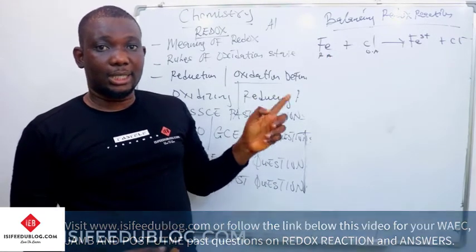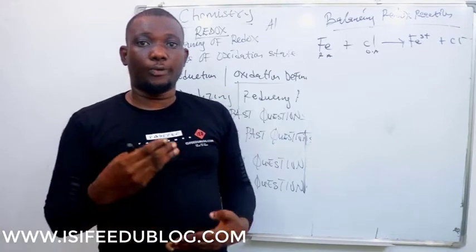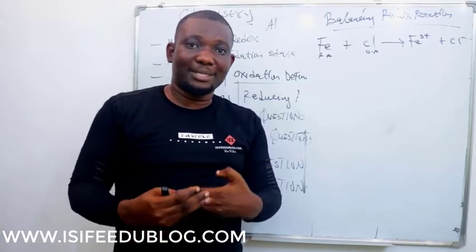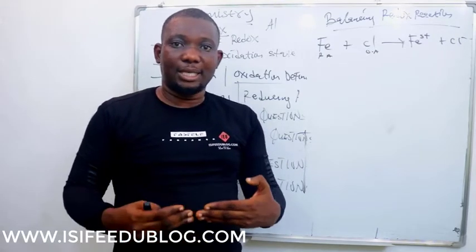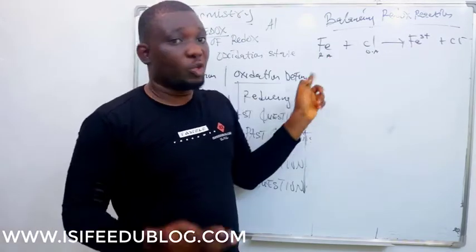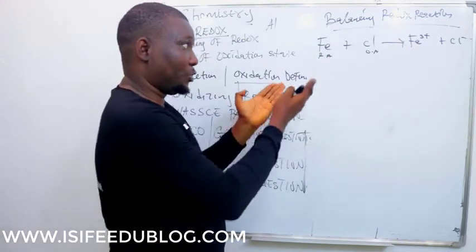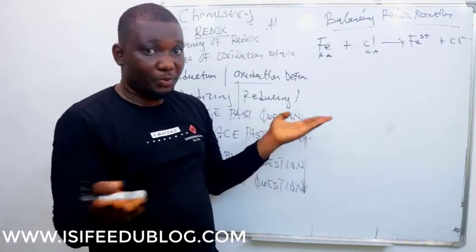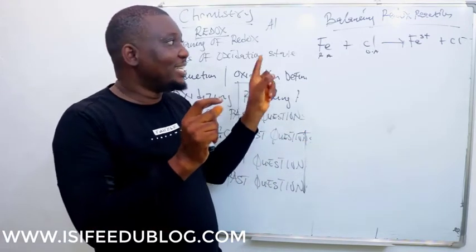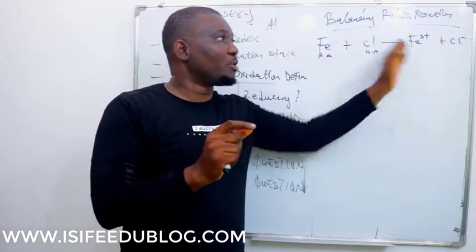But since this is a redox reaction, when I'm trying to obey the law of conservation of mass, I must make sure that the reaction is balanced atomically and at the same time ionically. Yes. The number of atoms of iron must be balanced. In this reaction, it seems as if it's balanced. Then the charge on this side must be equal to the charge on this side.